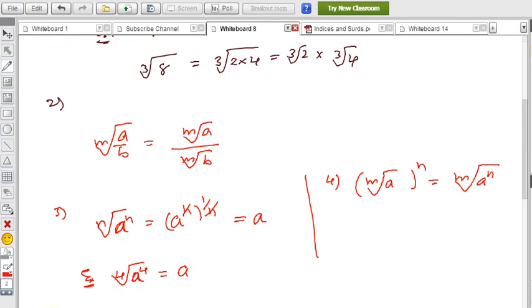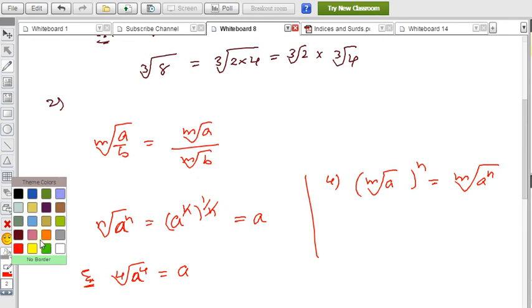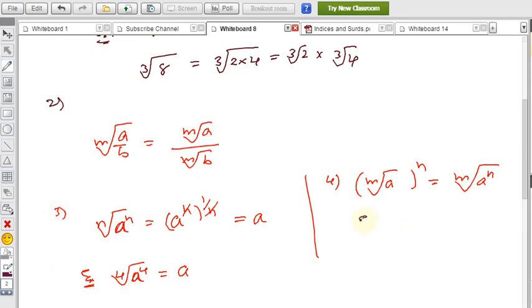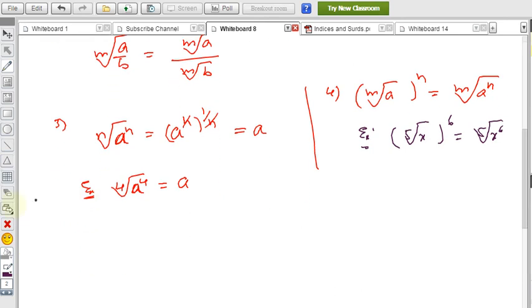Let us take one example: fifth root of x whole power 6 I can write as fifth root of x to the power 6. Both are equal.